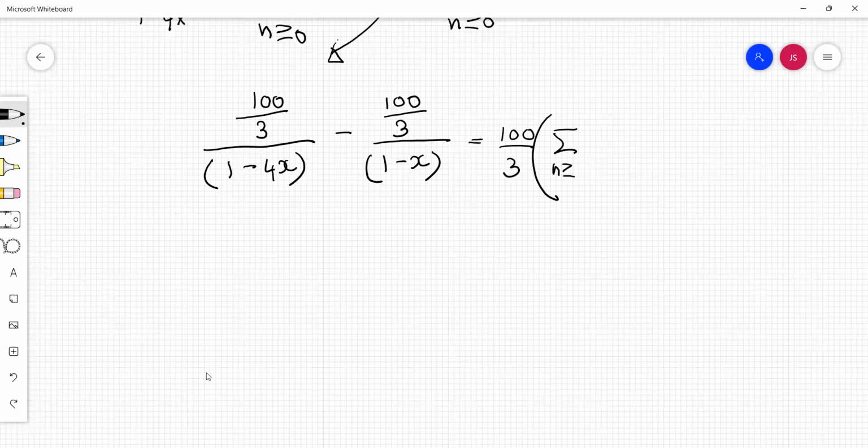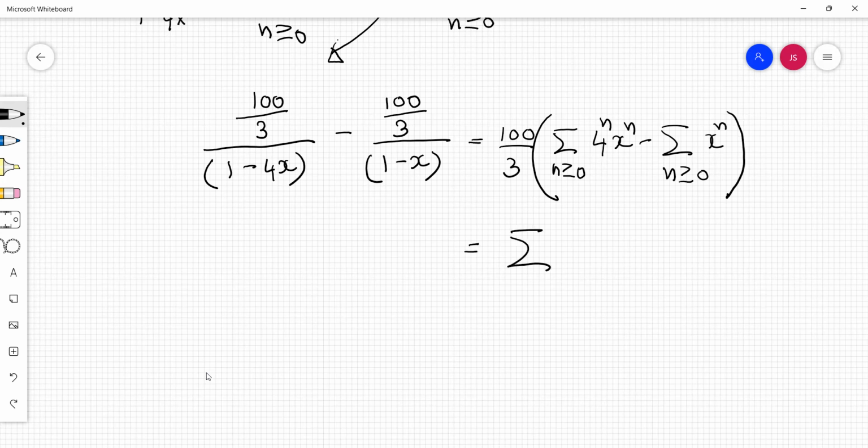Sigma n greater than or equal 0, 4nxn minus sigma n greater than or equal 0, xn, right, which is equal to sigma n greater than or equal 0, 4n minus 1, 100 over 3, xn.